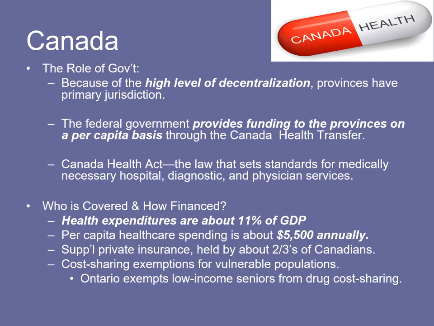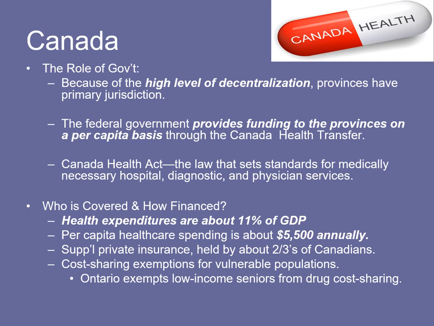As I alluded to previously, because of the high level of decentralization, provinces have primary jurisdiction in Canada. They receive money from the central government based on population or a per capita basis. The Canada Health Act is the law that sets standards for what's necessary, what's not, reimbursement levels, physician services, and things along those lines.